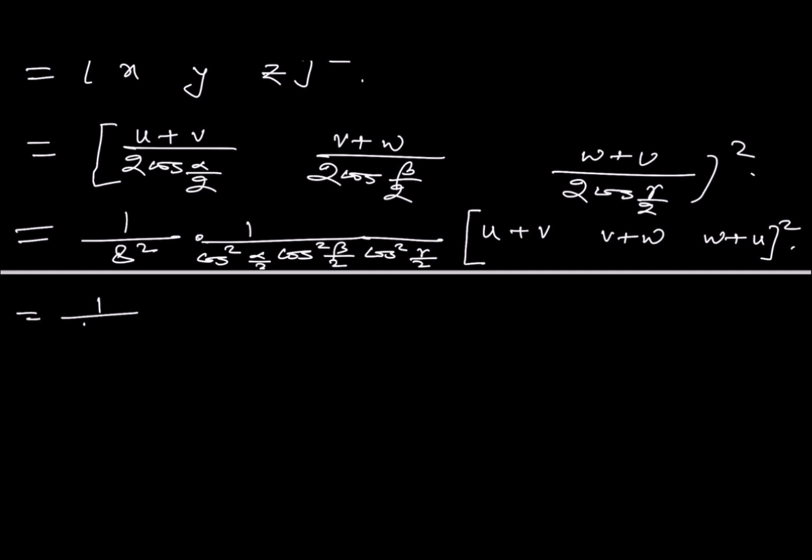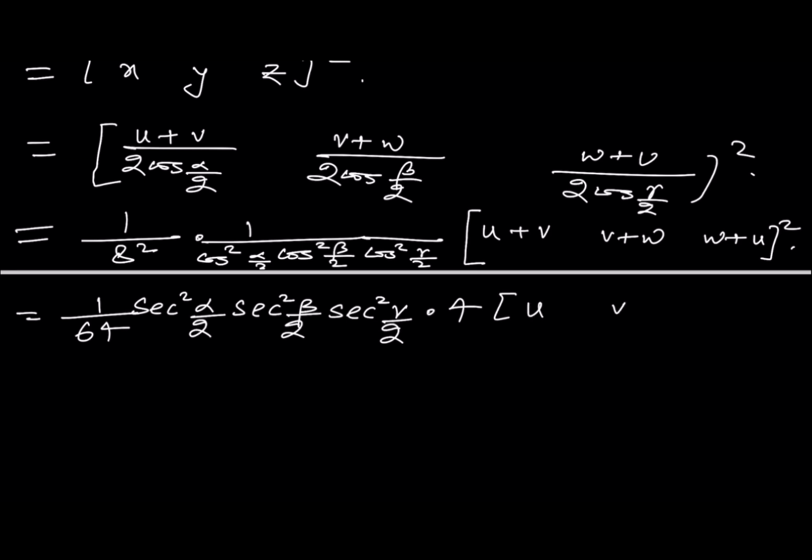So this will be 1 by 64 sec square alpha by 2 sec square beta by 2 sec square gamma by 2, and the box of u plus v, v plus w, w plus u can be written as 2 times box of u v w, and the square of this will be 4 outside, 4 times box u v w whole square.